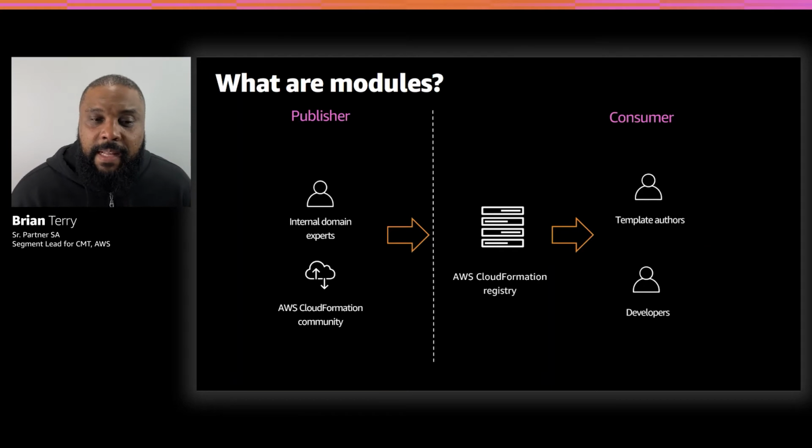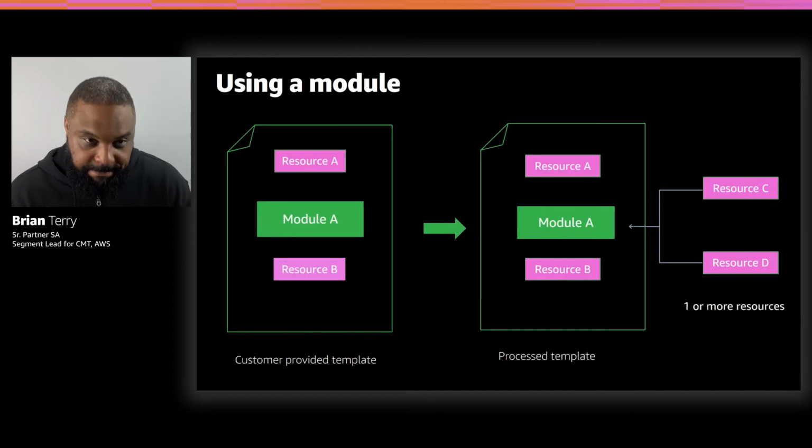So if you've got a developer that knows a little bit about CloudFormation, but wants to use this 3-tier architecture without having to go back and re-architect that consistent piece of infrastructure in CloudFormation, they can essentially use this module inside their template. Let's dig a little deeper and see what that looks like.